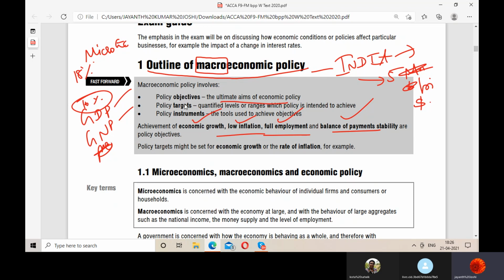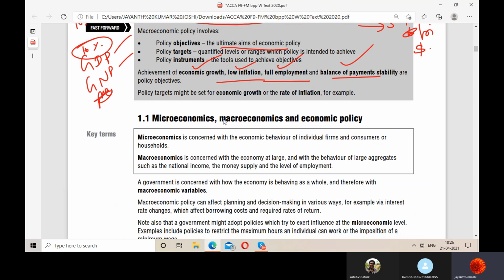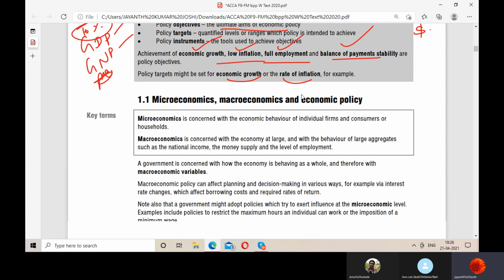They want to aim for certain things in their economic policy document. They have to show their manifesto. Am I right? Policy targets: they should set some targets, and to achieve those targets, they have to frame certain policies. Here are the targets: economic growth, and we have to reduce the rate of inflation.